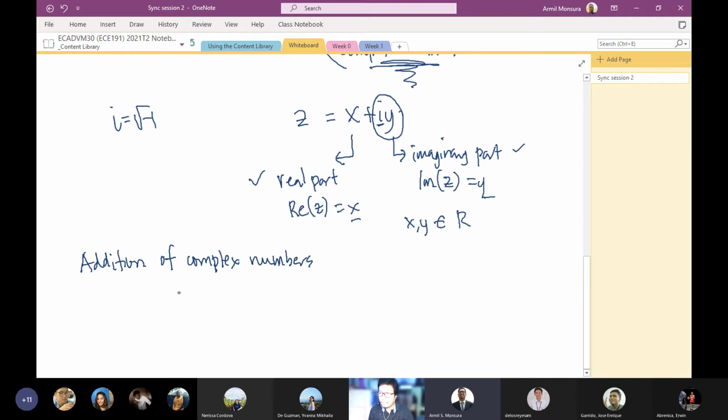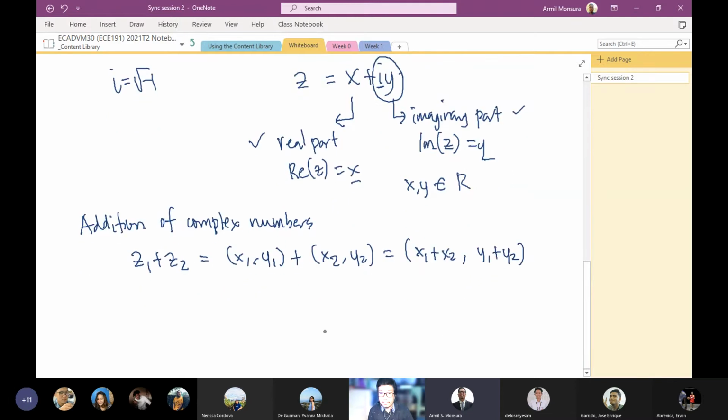So we have z1 plus z2. So we have (x1, y1) plus (x2, y2) becomes (x1 plus x2, y1 plus y2).